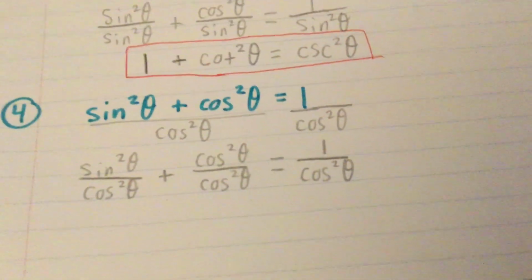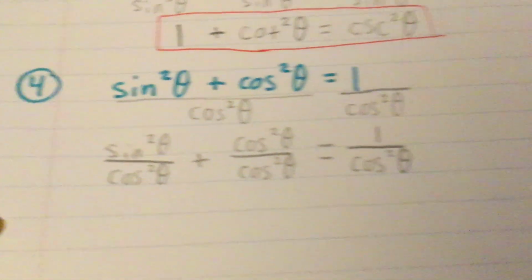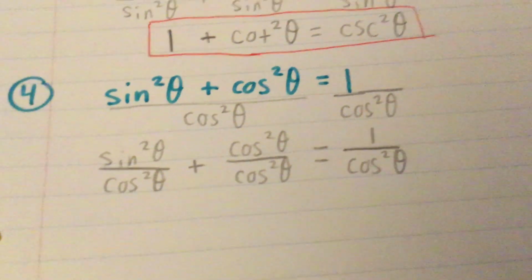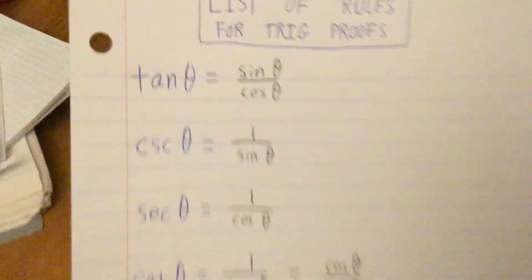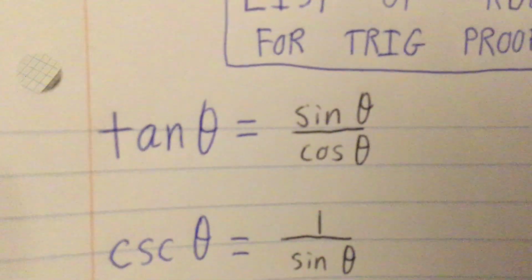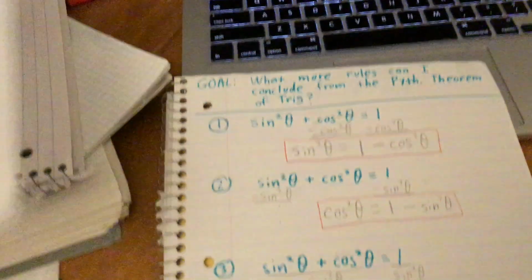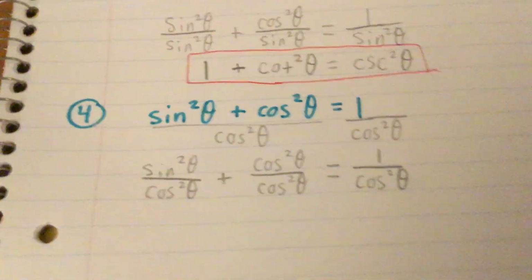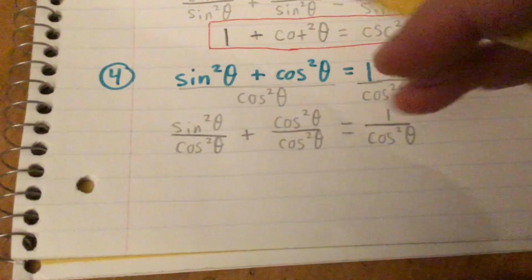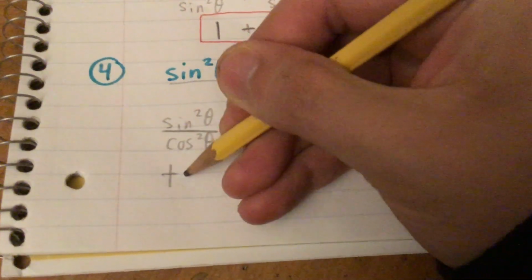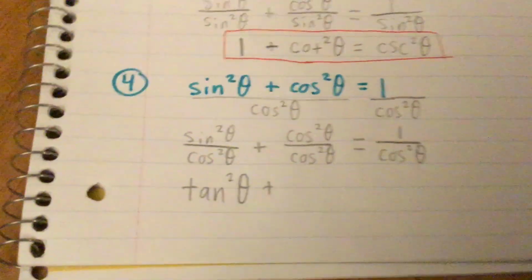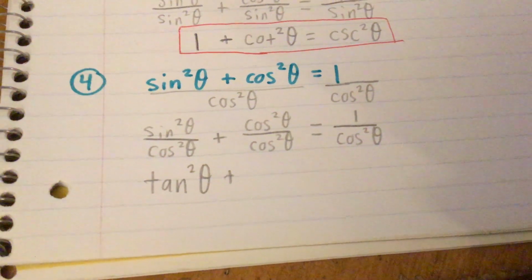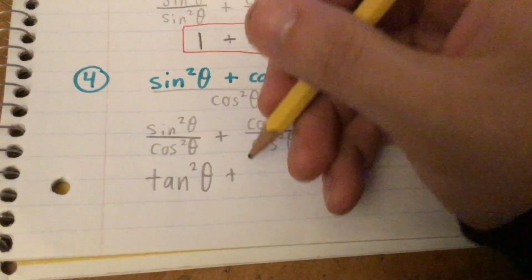Okay, now let's analyze this piece by piece. I don't know sine squared over cosine squared, but you know what I do have? I do have sine over cosine as one of my rules. There we go. Sine of theta over cosine of theta is equal to tangent of theta. So therefore, sine squared over cosine squared is tangent squared of theta. And since we've got cosine squared over cosine squared, that is 1.